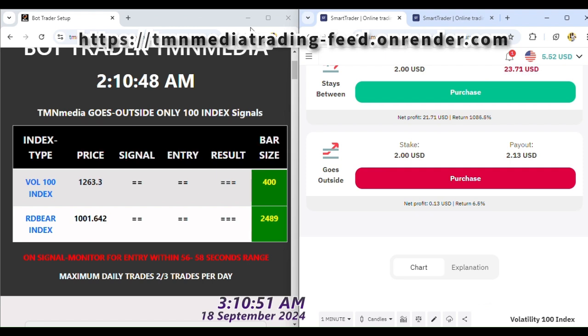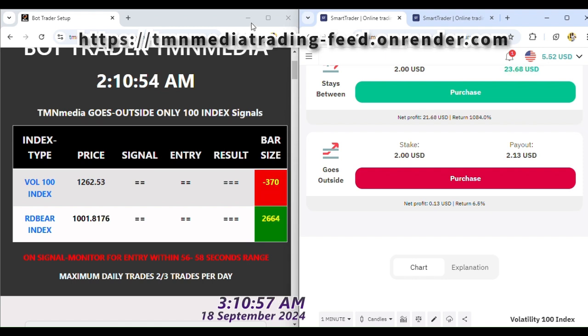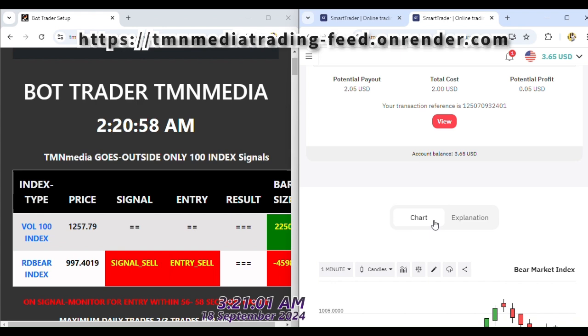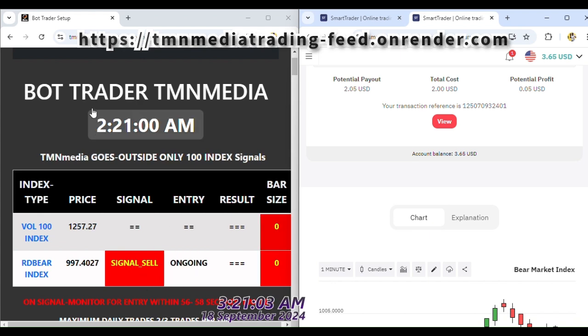I've done 2 trades, so I need one more trade to complete this session, and you will see that my profit is increasing little by little. Signal showed up on this one, so you can see me entering it red there.